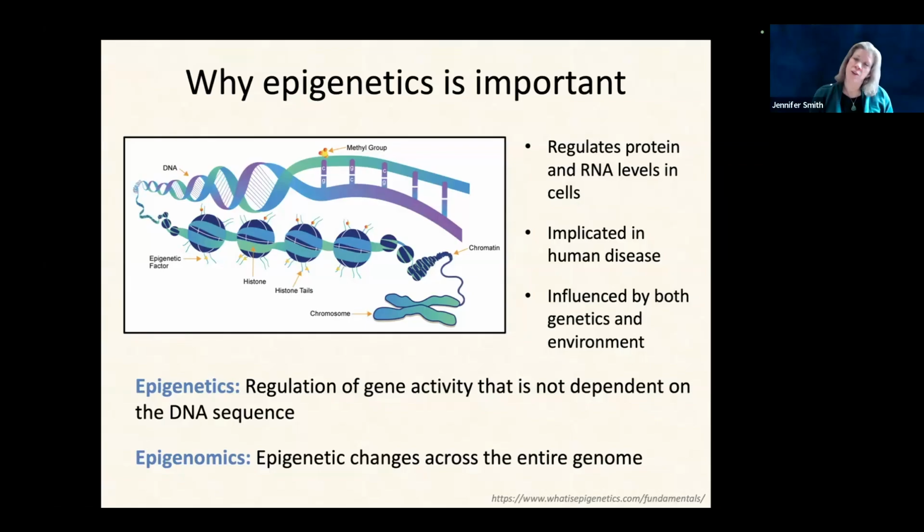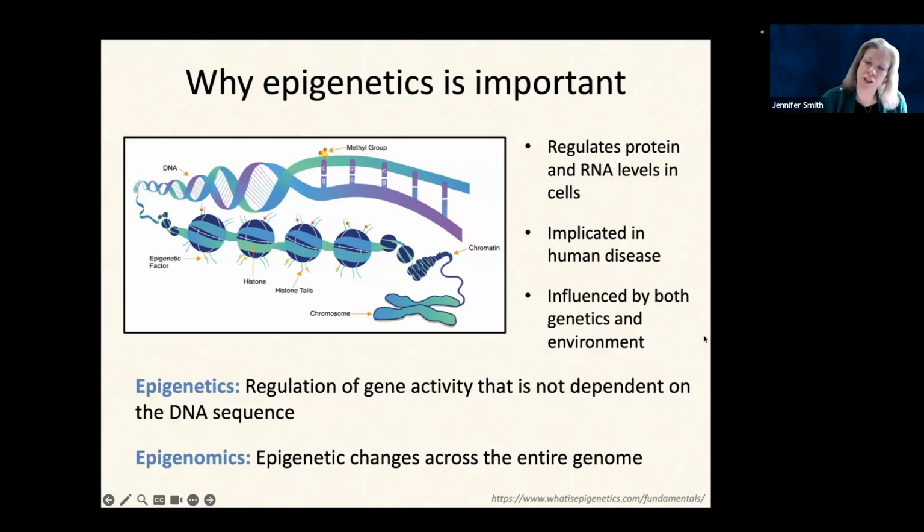So we know if you get mutations in your DNA, that can cause disease, but also if we have changes in the way that our genes are regulated or expressed, if they're turned up too much or down too much, if they're turned on at the wrong time or in the wrong cell, that can also cause disease, right? So the epigenetics here are important for regulating the protein and the RNA levels in cells, right? That's the expression of genes. It's the expression of RNAs that don't even code for genes. That's why it's implicated in human disease.